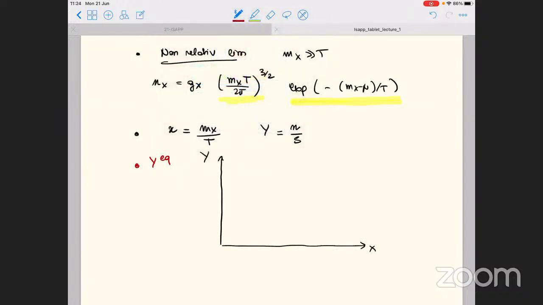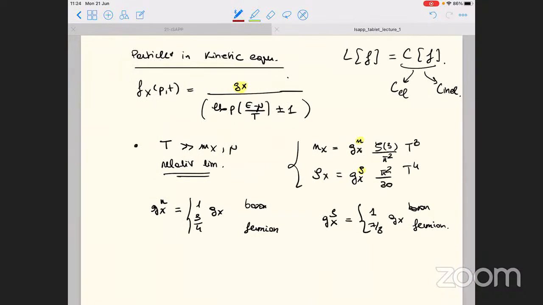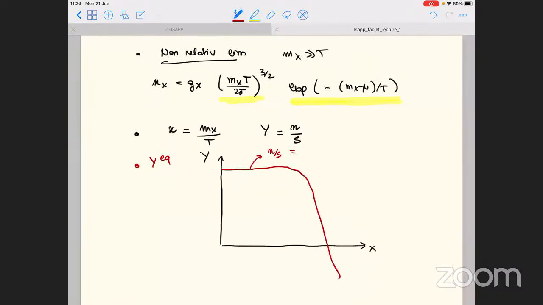I expect my equilibrium co-moving number density, remember, n over s, and we know that at early time I have a number density that goes as T cubed and an entropy density that goes as T cubed. So this is a constant.